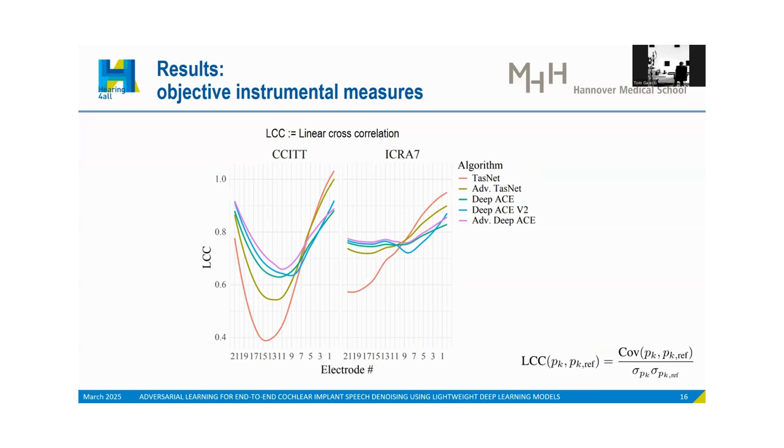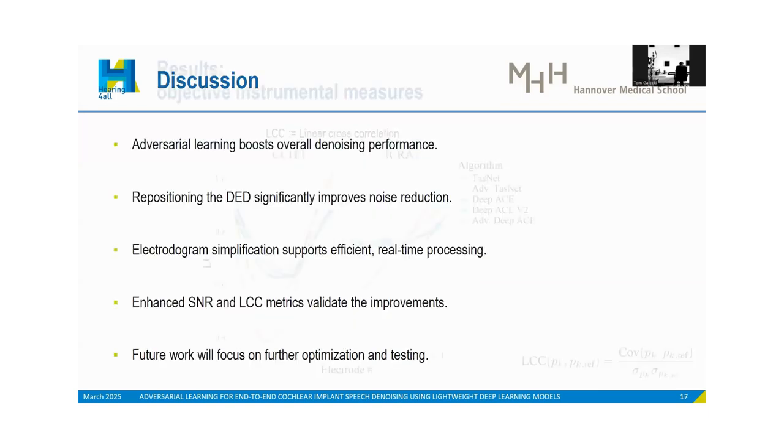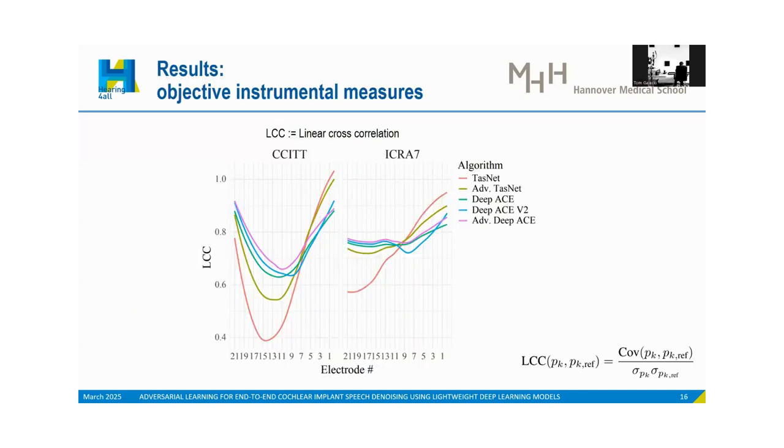As you can see, at lower frequencies these LCCs tend to go lower because that's where more noise is present, and they tend to go a bit higher close to the high frequency electrodes. In general, adversarial deep ACE is higher than the other ones, with the exception of the high frequencies. So it performs more realistic or better noise reduction at lower frequencies than the baseline models.